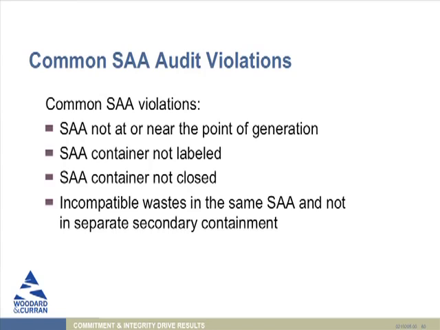And the best and most common, easy way to do that is to have secondary containment for each different type of waste that might be incompatible with something else. Also, you need to manage those wastes in a safe and appropriate manner, which is a fairly general, vague standard. But again, most of the time what that means is put it in secondary containment, particularly if it's in a fume hood and the fume hood has a drain in it, then you want to make sure it's in secondary containment to satisfy that general requirement.